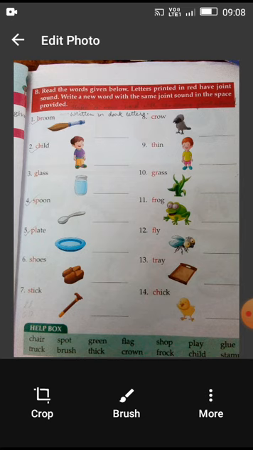For example, BROOM, broom. One is given, and you find out BR joint letters from the box. Where is it? BRUSH. Brush is there. So you can write brush here for BR joint letters.